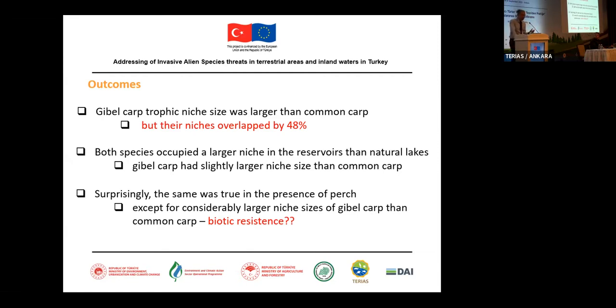This can be perch, in this case, but it can also be another apex predator, like Rob Britton mentioned in his talk, Esox lucius, so pike. This species is also quite common in Turkish reservoirs and natural lakes, so this can be another resource for us to test in the future.